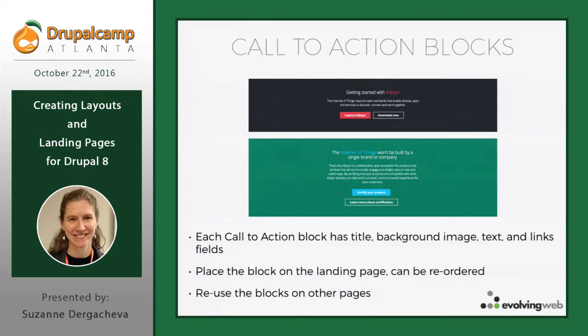So calls to action blocks. You might end up with these kinds of blocks that are being used throughout your site, and they might have some pretty standardized fields. So rather than creating paragraphs for these, like I said, you can try using custom blocks.